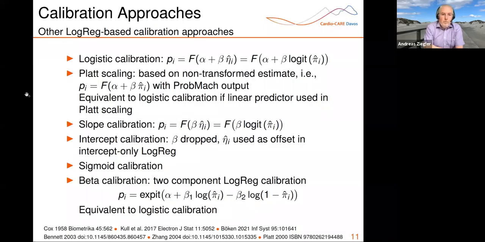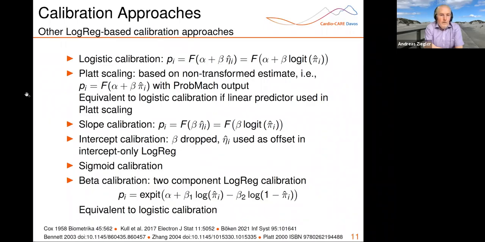So Platt scaling was proposed, and I give the reference at the bottom of the slide in a chapter. Platt actually used the output from a support vector machine and fed this output into some kind of logistic regression model. And therefore, I personally interpret Platt scaling as some kind of logistic calibration where you use the non-transformed estimate.